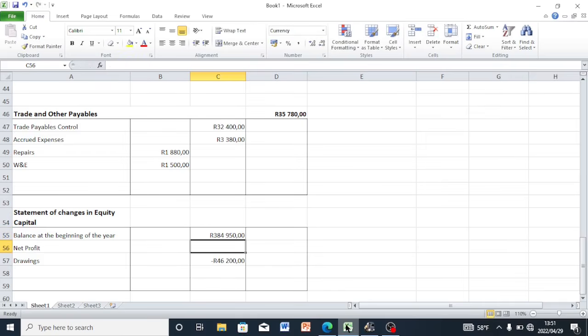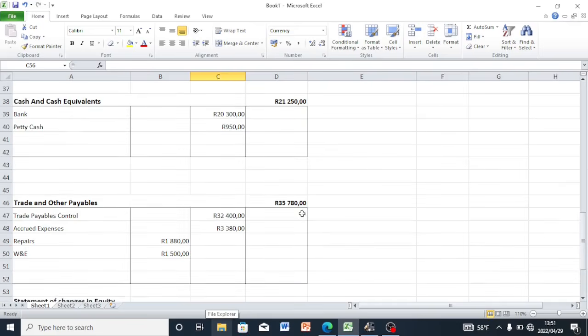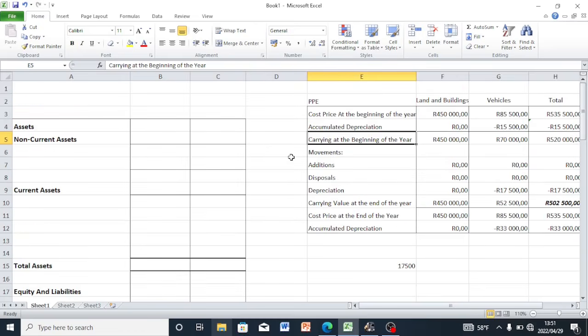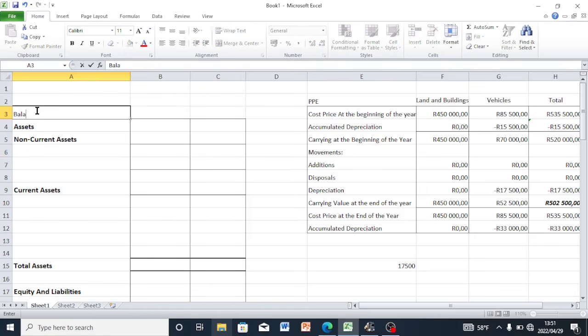So now what we are going to do is take our balances and then record them on our balance sheet.